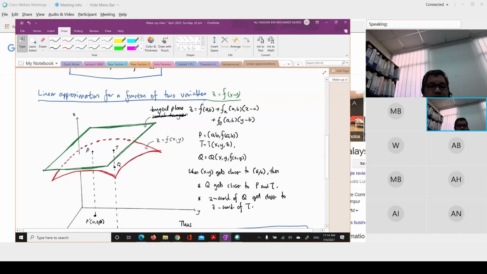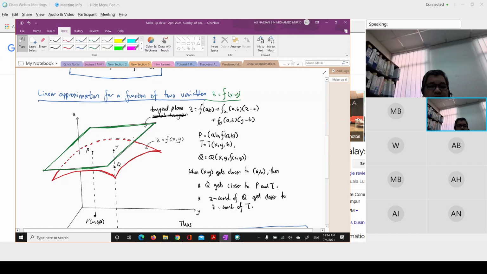f(x,y) is approximately, if (x,y) is close to the point (a,b), then f(x,y) is approximately equal to f(a,b) plus f partial x(a,b) times x minus a plus f partial y(a,b) times y minus b. So this is the linear approximation formula for a function of two variables here.